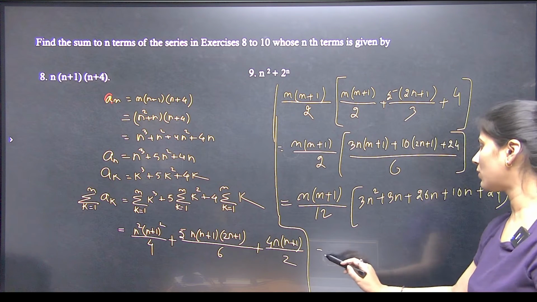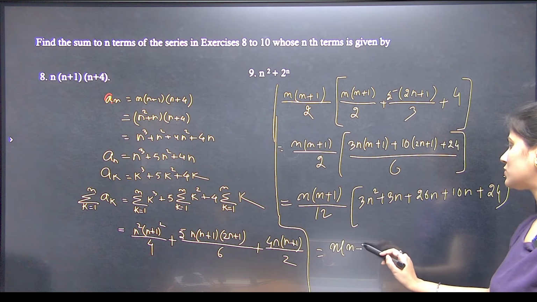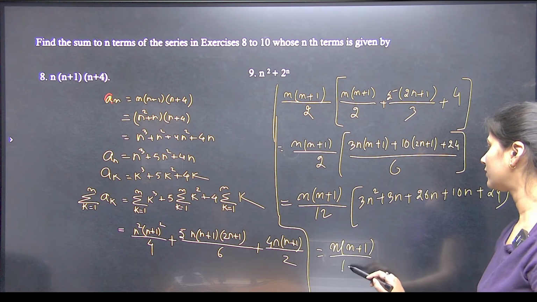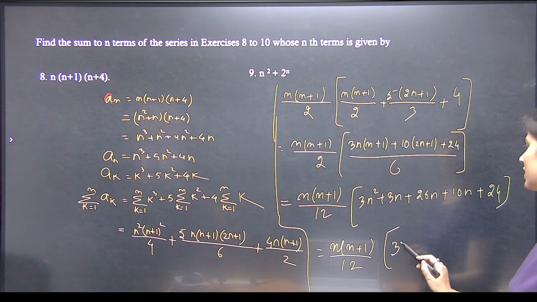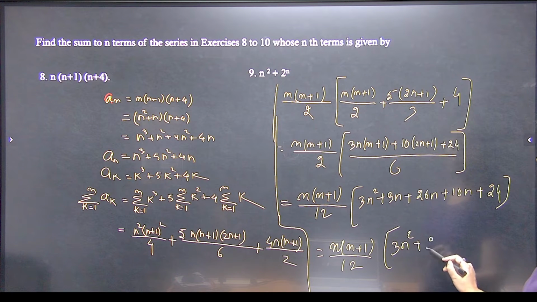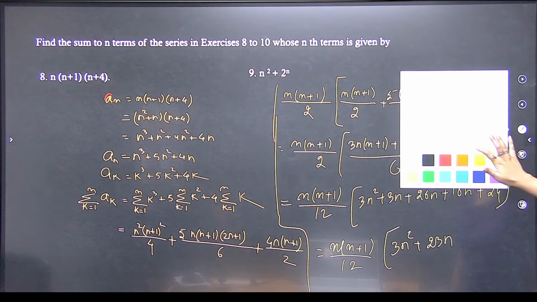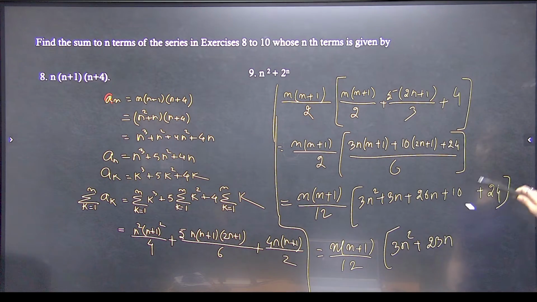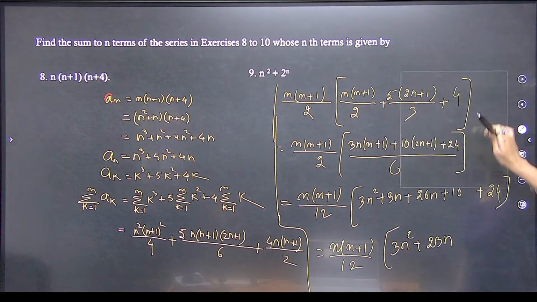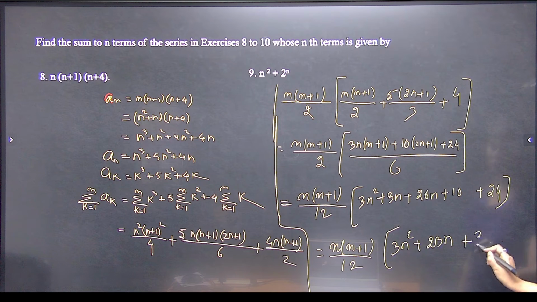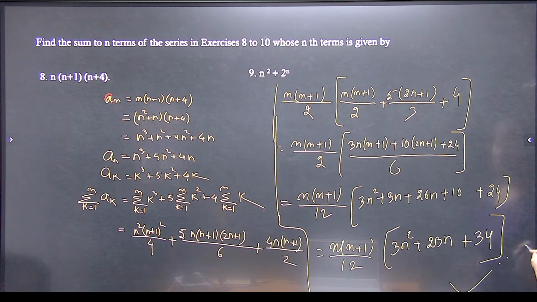So it is nothing but n plus 1 by 12, and then we have 3n square plus 23n, plus 34. So this is the answer. This is the answer of question number 8.